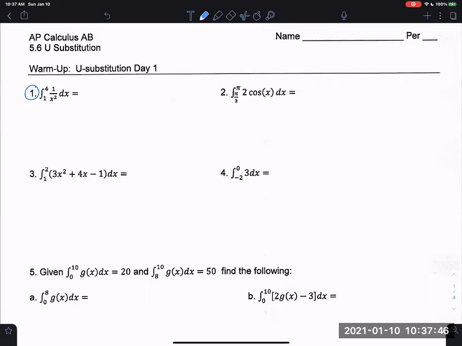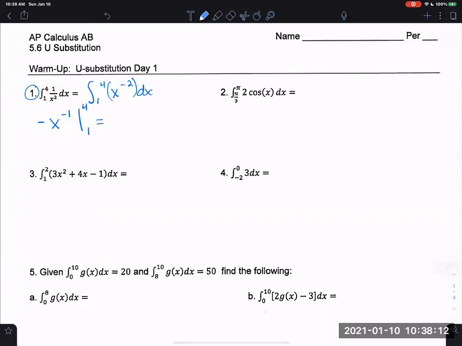I might want to rewrite first, which I'll do. That's our rewrite. Now I'll take the antiderivative of x to the -2. When you add 1, you get -1, and if you divide by -1, you'd have a negative in front. So we're going to evaluate that from 1 to 4.